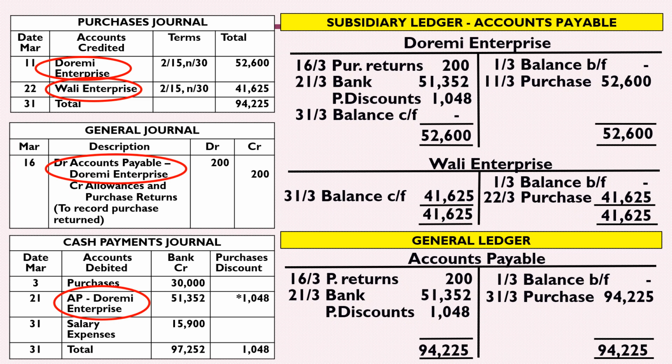And lastly, write down the balance carry forward at the debit side. The date is 31st March. Balance carry forward is 41,625. Then the accounts is balanced.